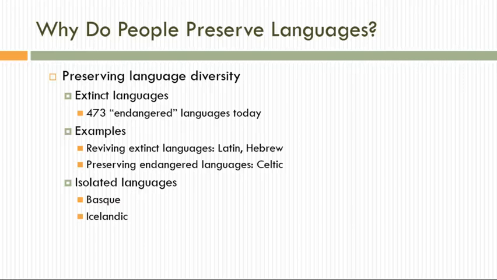And there are really two things that are happening in terms of endangered languages. First of all, there are lots of extinct languages, and almost 500 languages actually today are endangered. But there are two things that people are doing. They're reviving languages that are no longer, and an extinct language is no longer spoken actively, right? So Latin, you see lots of things are written in Latin.